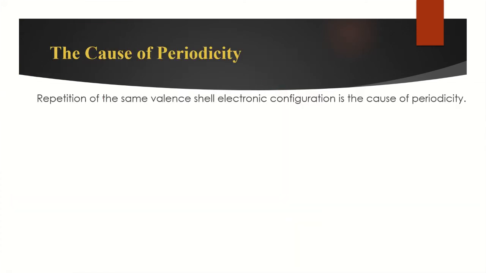Now, periodicity is caused by the repetition of the same valence shell electronic configuration in the periodic table. We have already learned what is meant by valence shell electronic configuration.